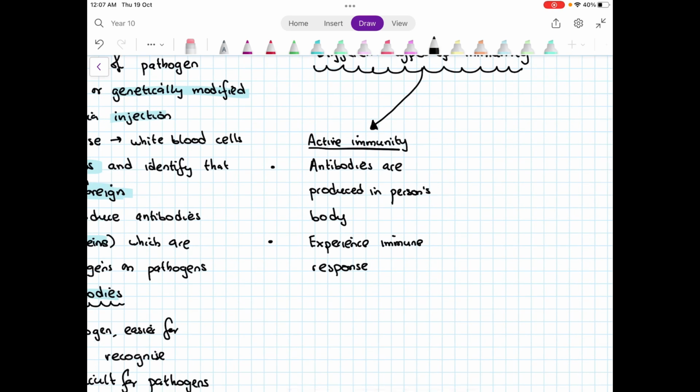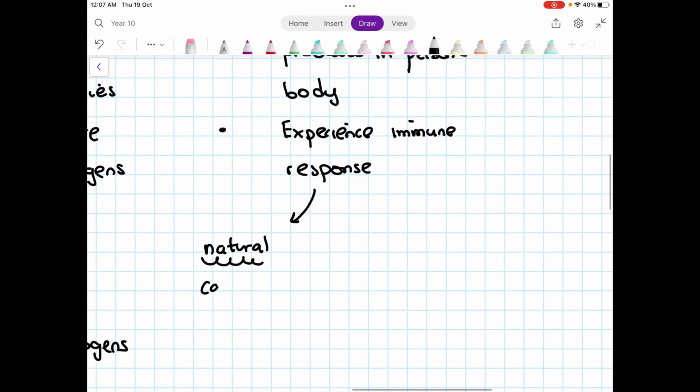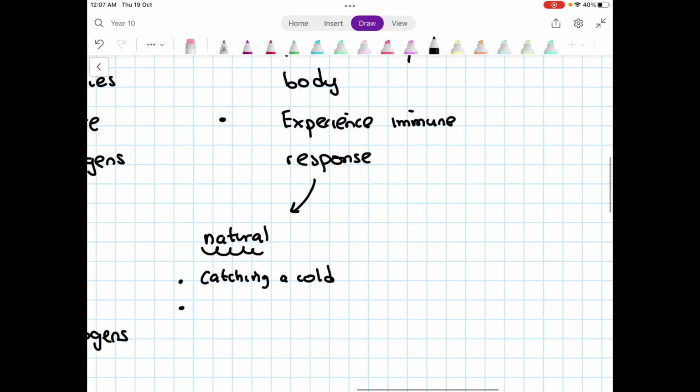And there are both natural and artificial sources of active immunity. So, for example, a natural method might be that pathogens just enter the body, for example, like catching a cold, or just being infected.